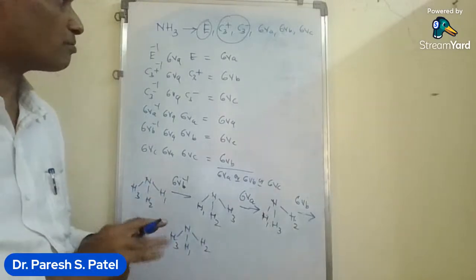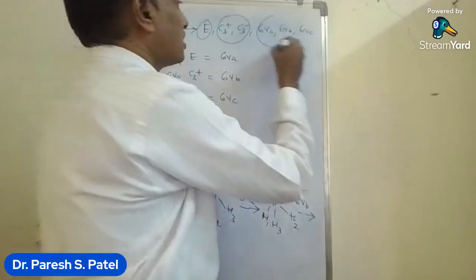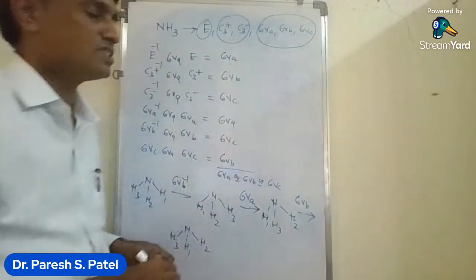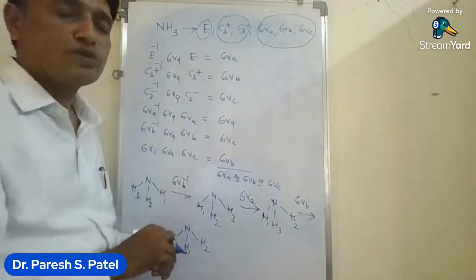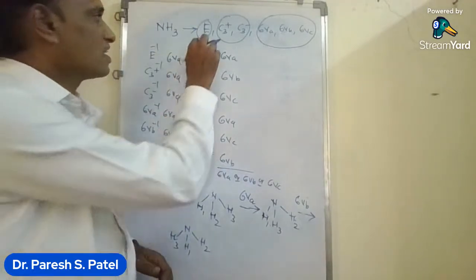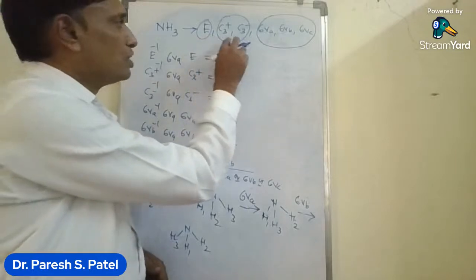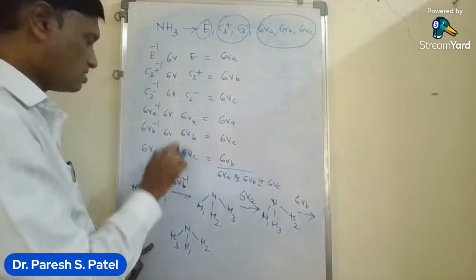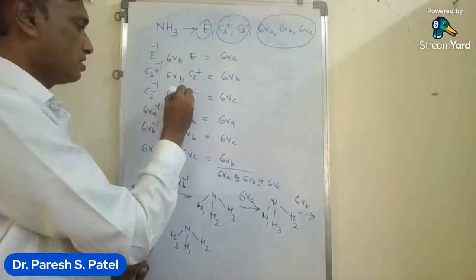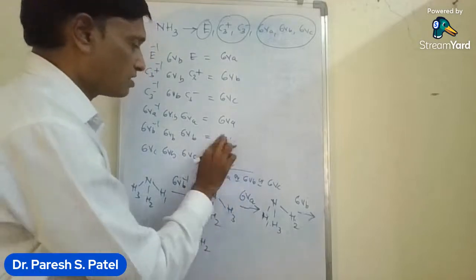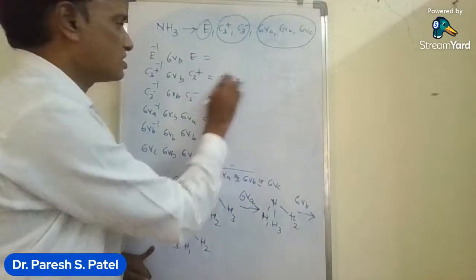Whenever we talk about the class for the reflection axis of symmetry, sigma vA, sigma vB, sigma vC belong to the same class. It means the ammonia molecule consists of three classes: 1, 2 and 3. Similarly, if you operate sigma vB, the overall result may be sigma vA, sigma vB, or sigma vC.